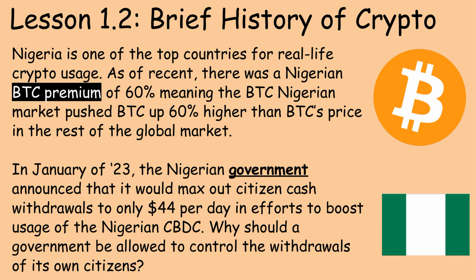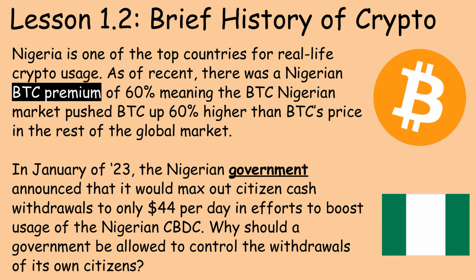So the question is, why should a government be allowed to control withdrawals over its own citizens? And that's essentially the whole point, where cryptocurrency exists in a decentralized manner, meaning that no one person, no one party is able to censor it or shut it off, theoretically.